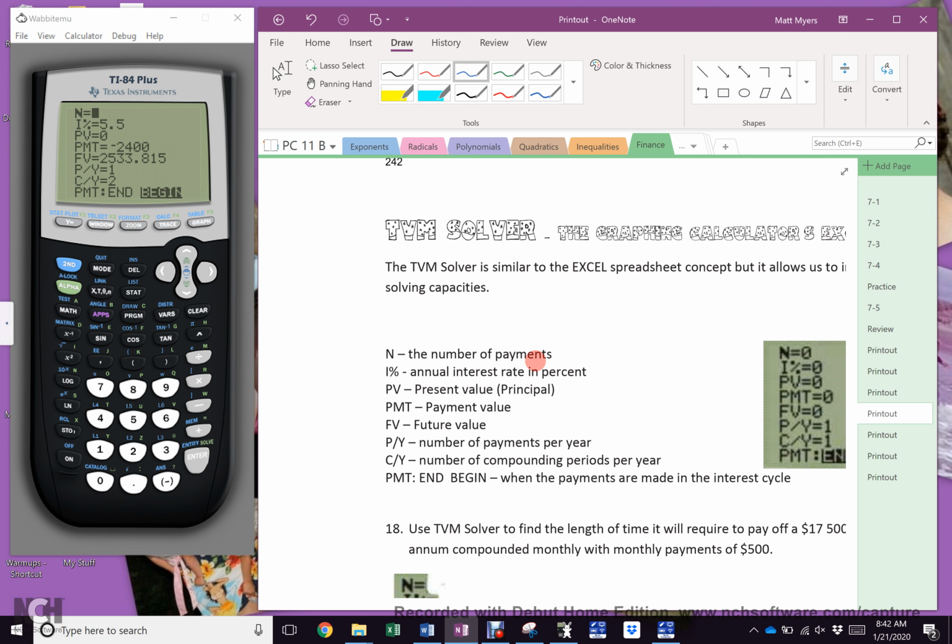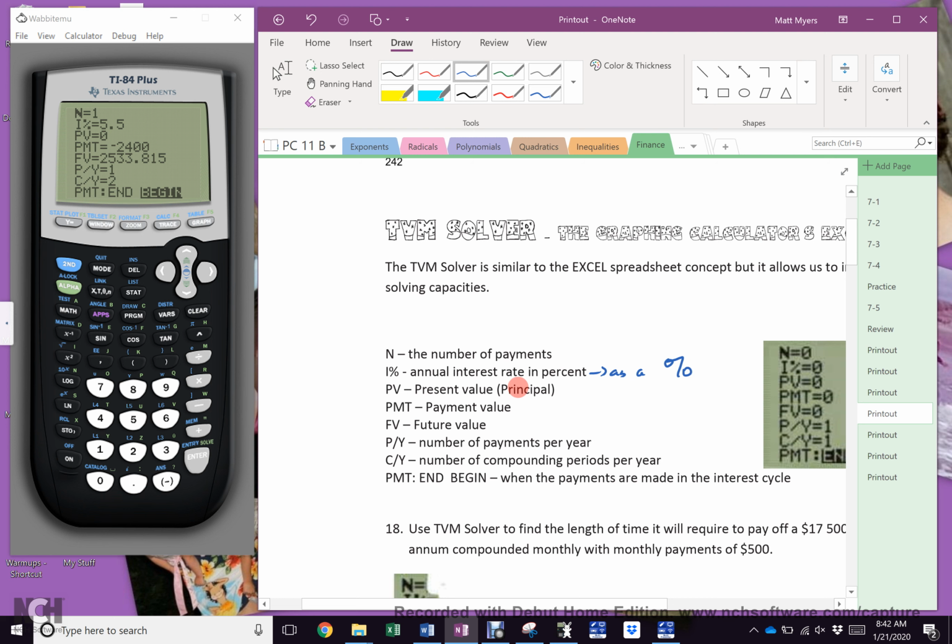So, for example, if you're investing money in your retirement, maybe you put a little bit of money in every month. Which means you would make 12 payments per year, 120 payments over the course of 10 years. Everybody cool? So that's number of payments. That's easy. Interest rate. Now this is weird. When we're doing our regular calculator, we have to enter it as a decimal, yes? But on this, we get to enter it as a percent.